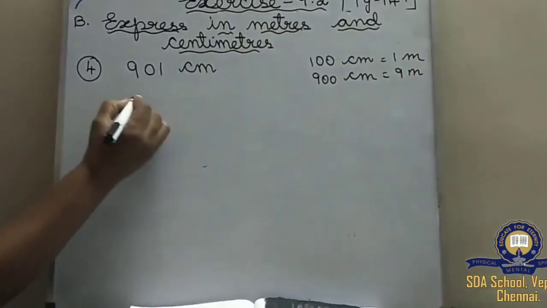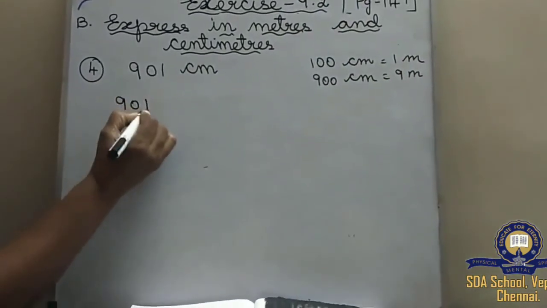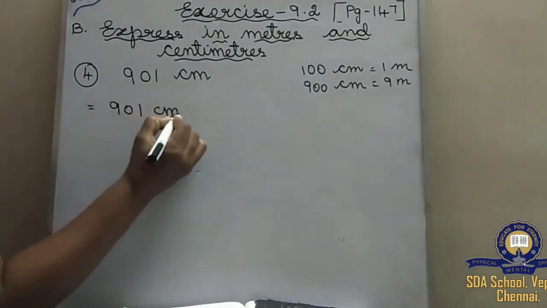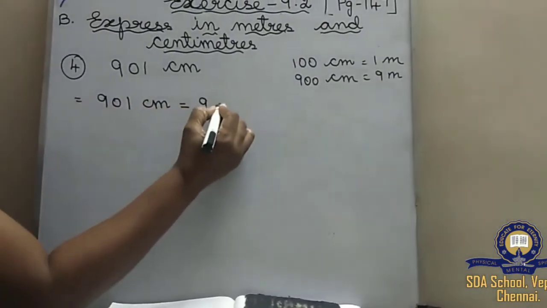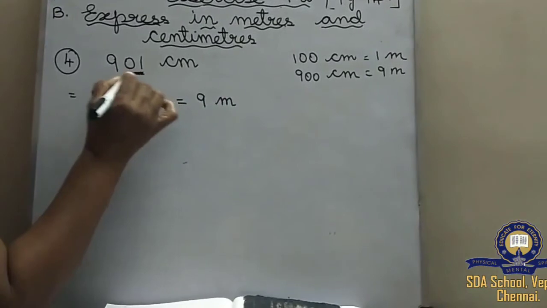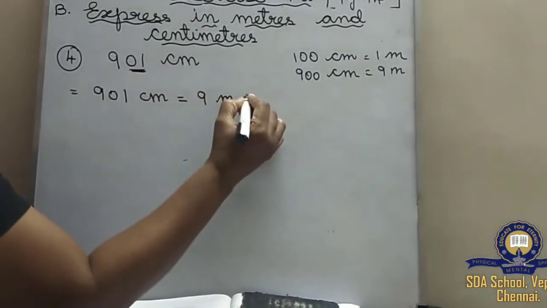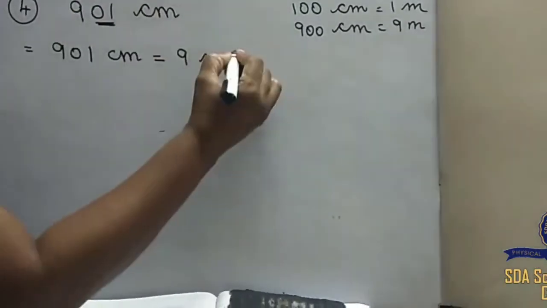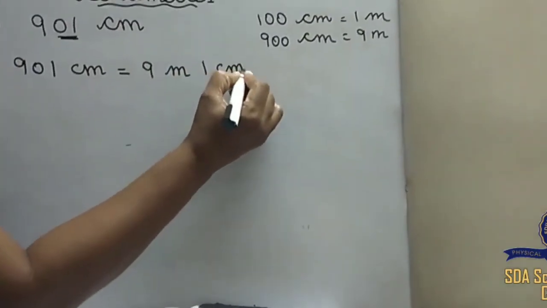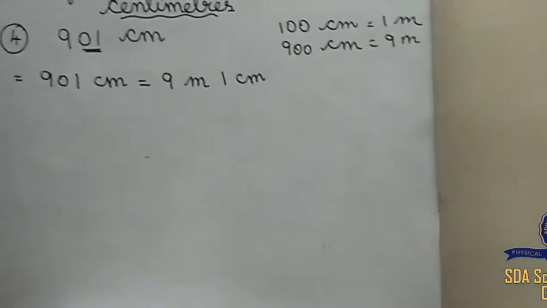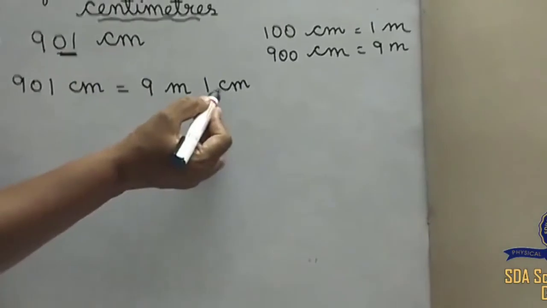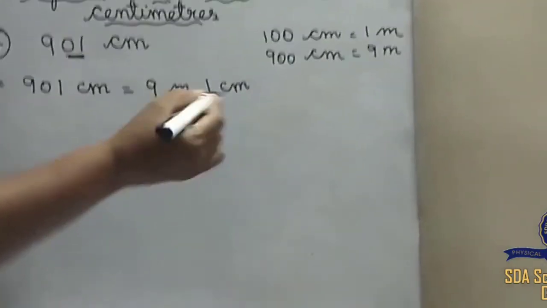So what's the answer? 901 centimeter is equal to 9 meter, and the remaining last will come for centimeter. Instead of writing 01 you can write 1 centimeter, because 0 has no value.